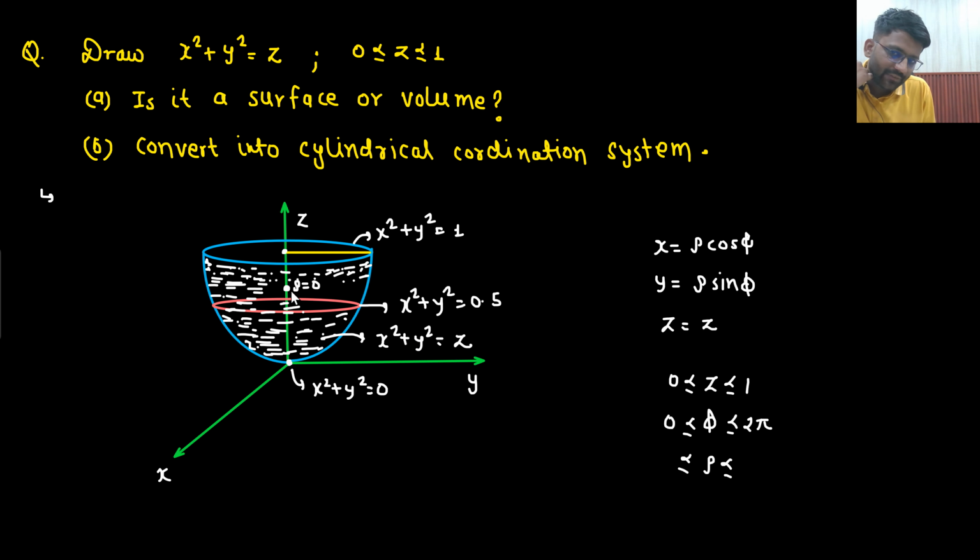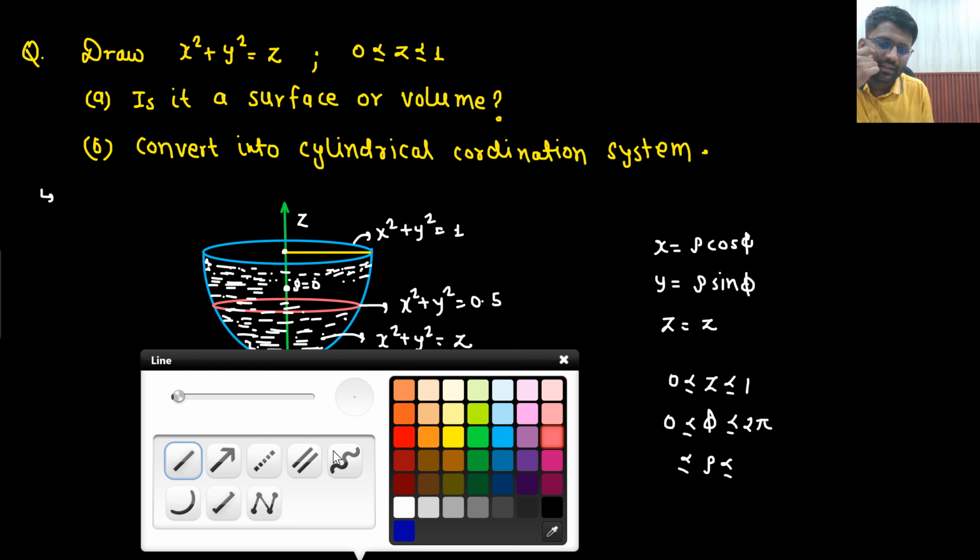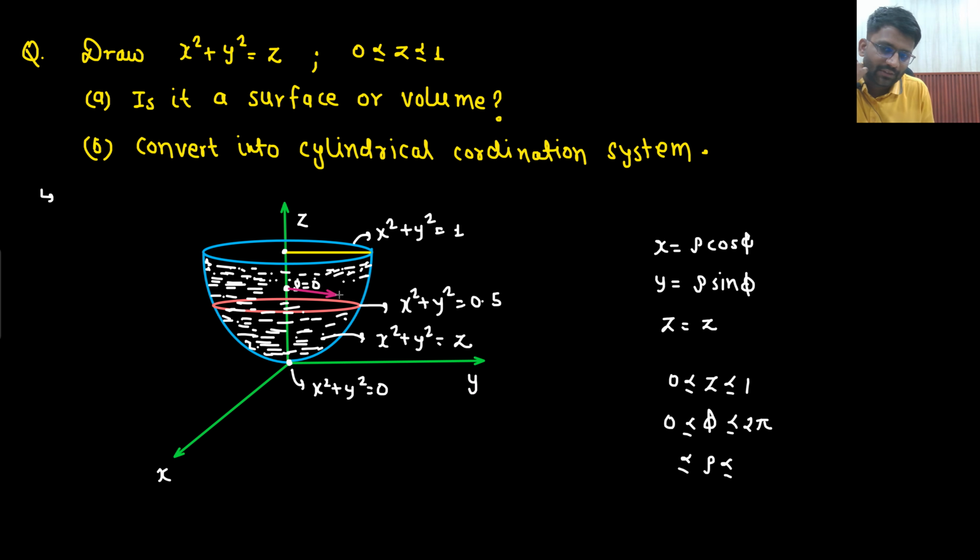When you reach the surface of this bowl, what will be the value of rho you will be getting? If someone has said rho is from 0 to 1, then he is wrong. Rho is not from 0 to 1.